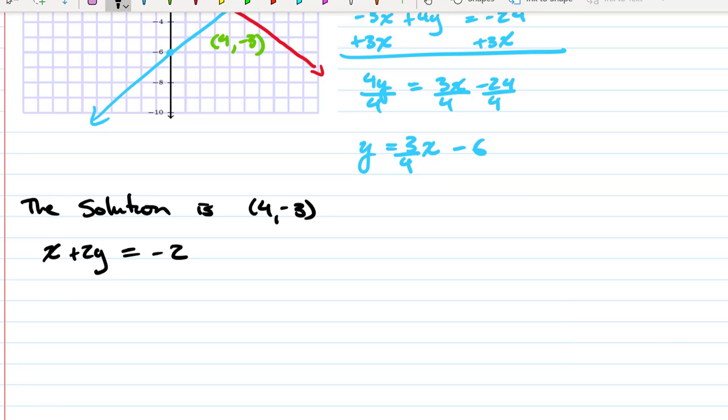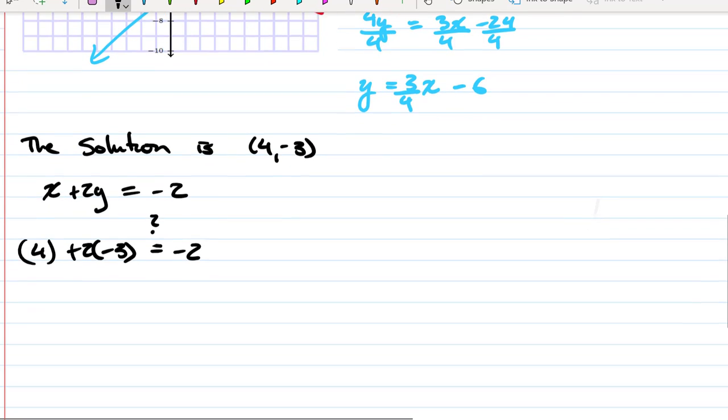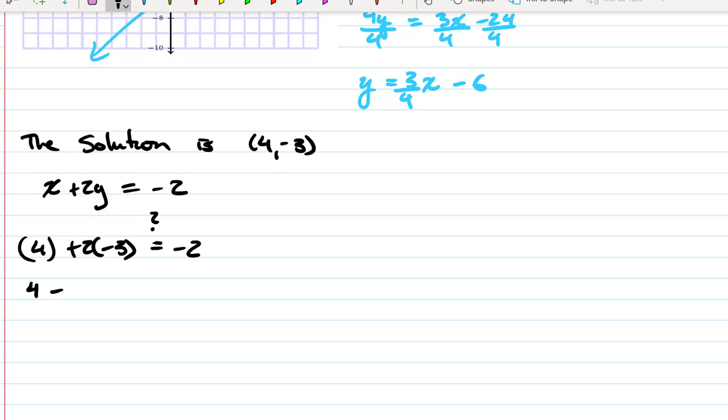And if this is a solution, when I substitute x and y into the original equation, I should get a true result. So that would be 4 plus 2 times negative 3, and I want to know, does that equal negative 2? So that's 4 minus 6, which indeed does equal negative 2.